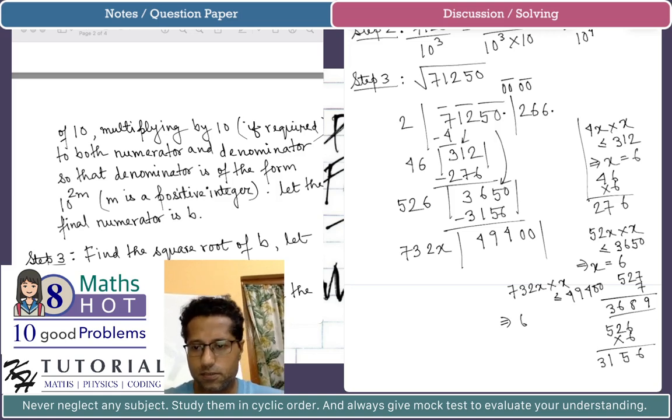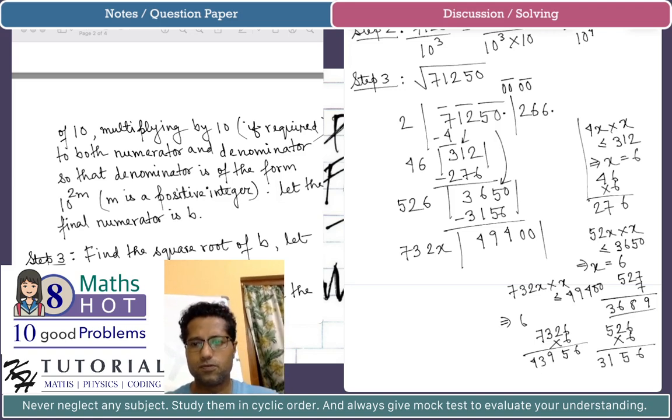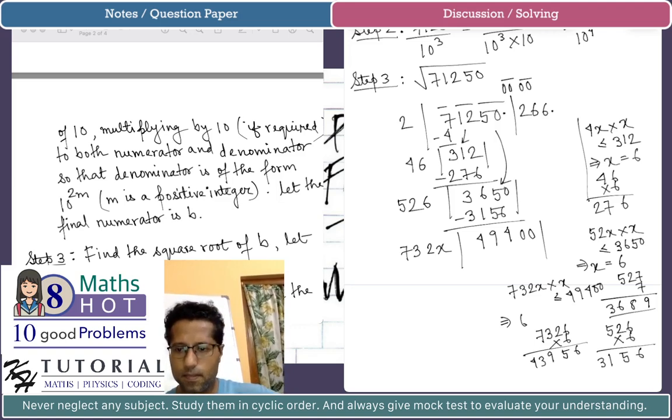I guess x will be 6. So let's see what is 7326 multiplied by 6. How much is this? It is 43956.